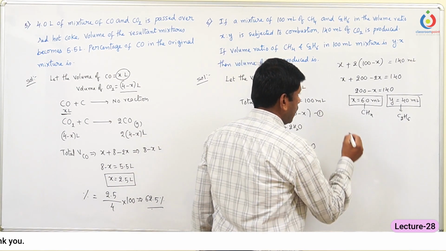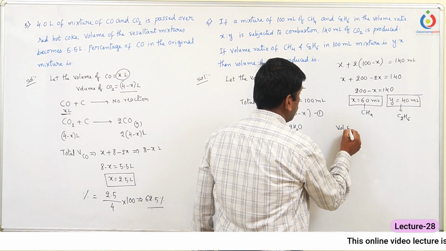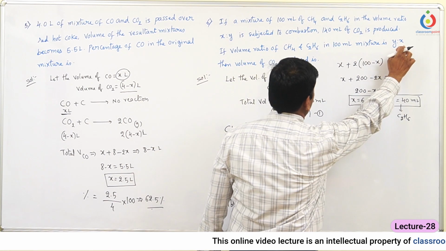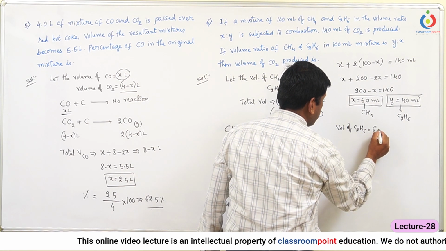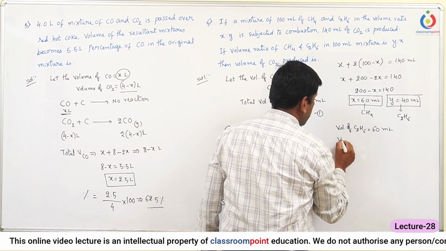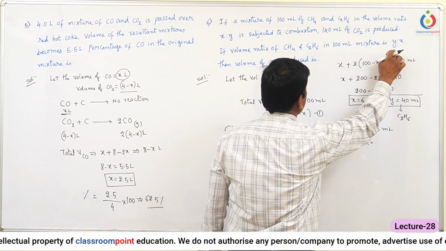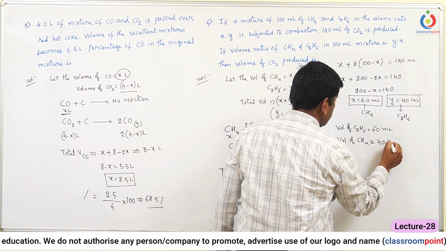So now in 100 ml, the volume of ethane C2H6 becomes X, which is 60 ml. And the volume of methane is Y, which is 40 ml.